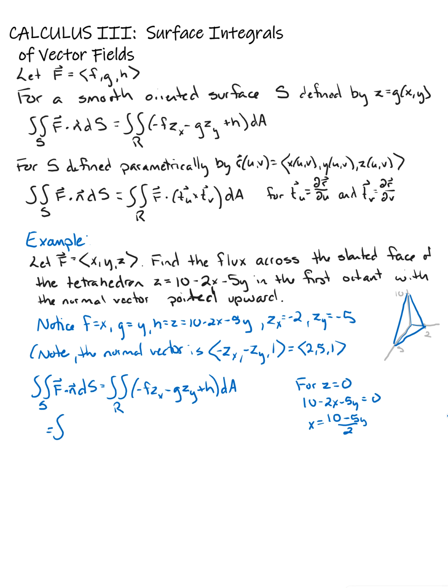So now we can set up this double integral. Since I'm integrating with respect to y secondly, that's the one that's going to be on the outside, so I'll integrate from 0 to 2, and then from 0 to 10 minus 5y over 2.